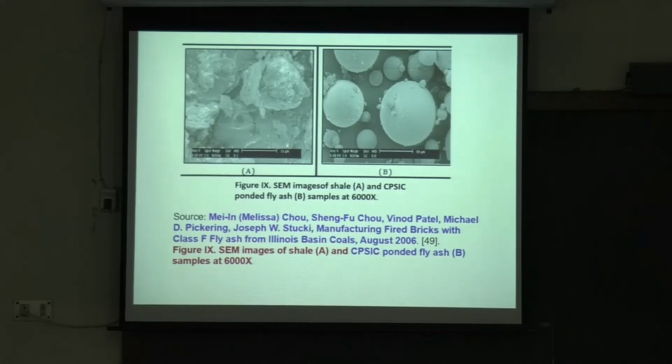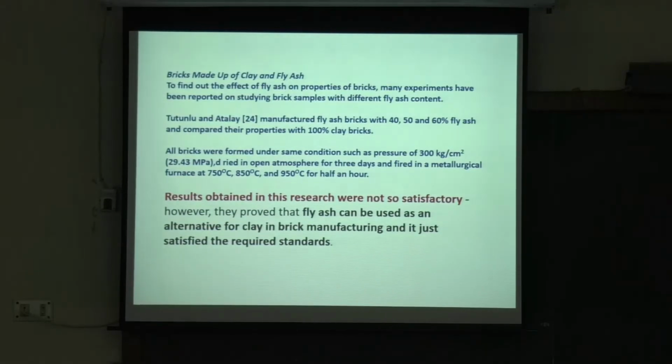Bricks made up of clay and fly ash to find out the effect of fly ash on properties of bricks. Many experiments have been reported on studying brick samples with different fly ash content. And for example, Tutunlu and Atale, they manufactured fly ash bricks with 40, 50, and 60% fly ash and compared the properties with 100% clay bricks.